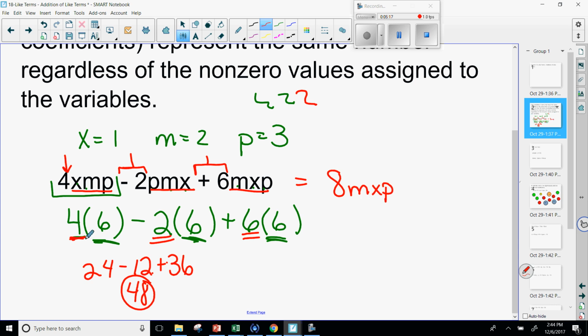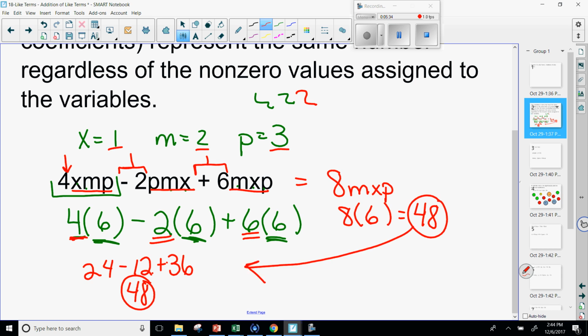If I go back and calculate it where x is 1, m is 2, and p is 3, that's going to be 8 times 6, and the answer is 48. Is that the same thing that we got by putting the numbers in and finding out the value of every single term? It is. They have to be like terms, though.